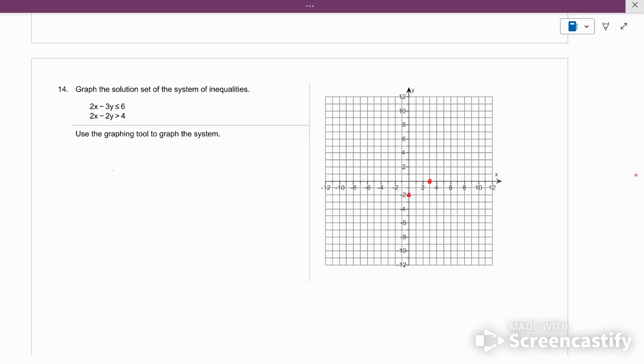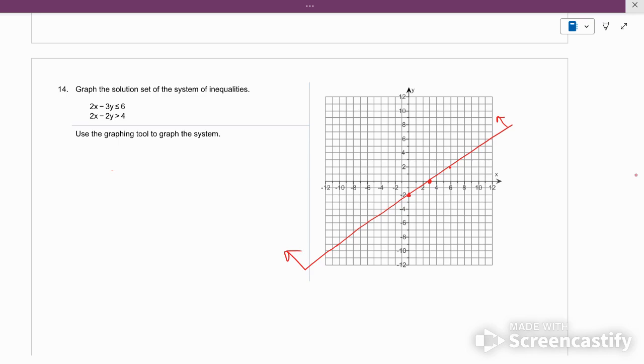And that's going to be a solid line. Just going to kind of come up like that. And if you try 0, 0 in here, is 0 plus 0 less than or equal to 6? Yes. So we shade on the side of 0, 0, so we're going to shade to that side of this one. Now we're going to put on our other equation.